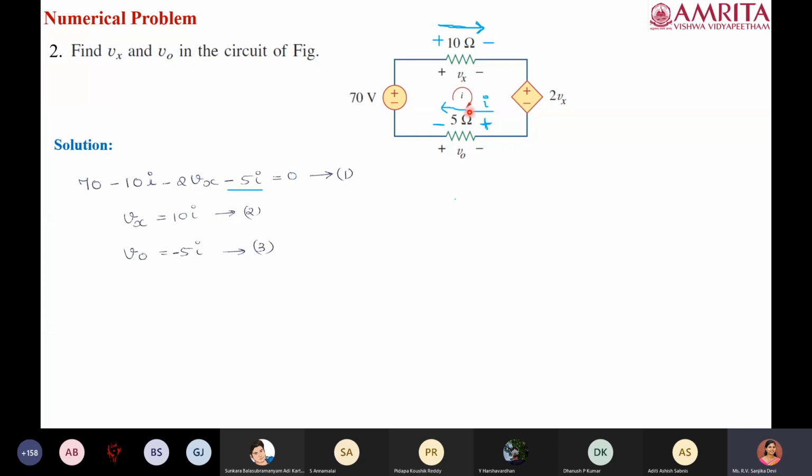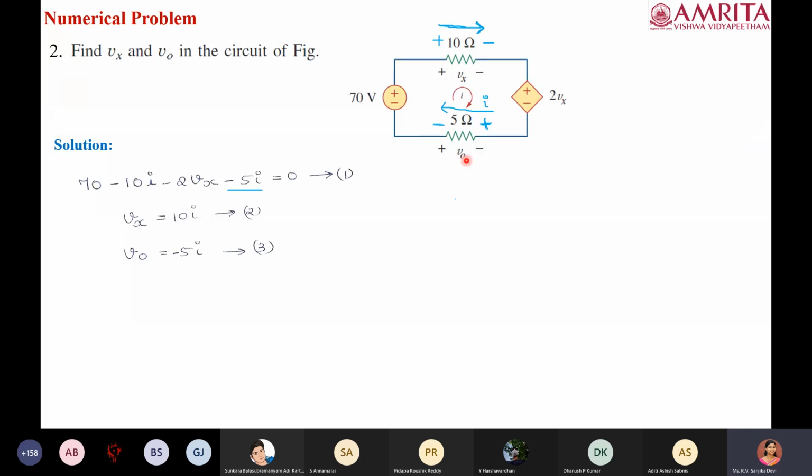At the point where it is entering, it is plus, and at the point where it is coming out, it should be minus, as per the concept. But here they are giving a convention which is opposite to what we are following. So their assumed polarity is opposite to the convention we are following, and in the third equation we write V0 is equal to minus 5I.